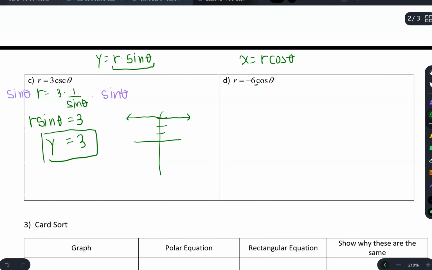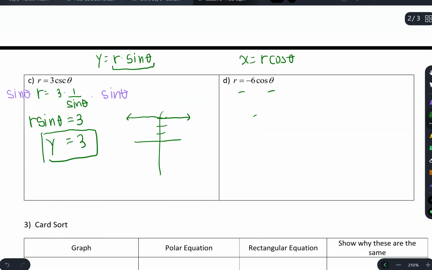If I divide both sides by cosine of theta, is that going to help me out any? So I'll have r over cosine, but there's nothing that tells me that r over cosine is x or y, right? That's not going to help me. So we don't want to do that.